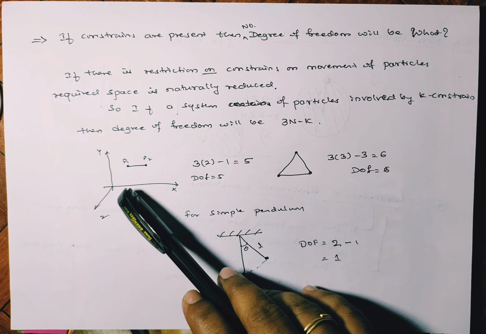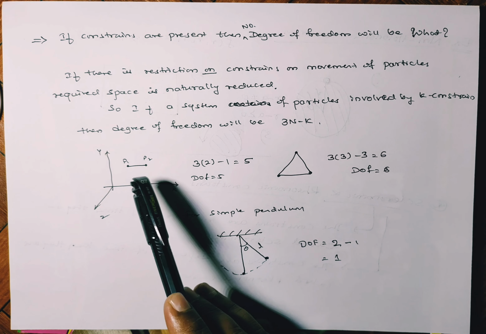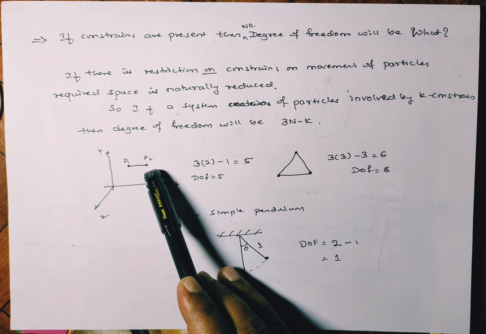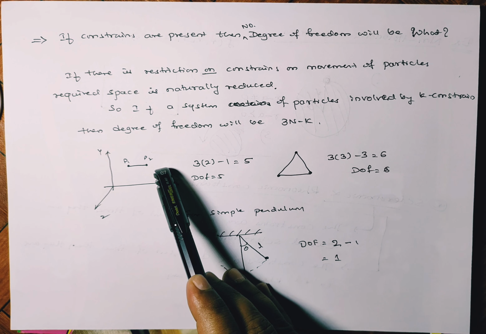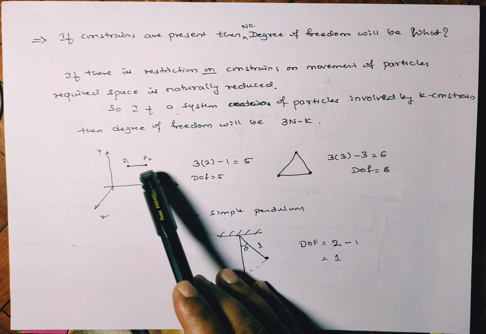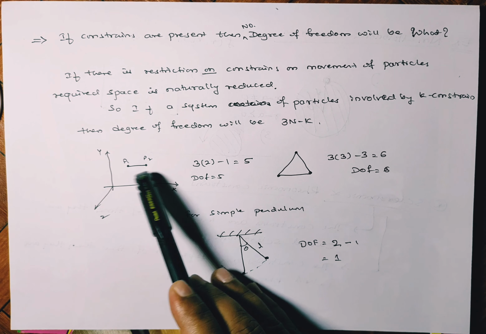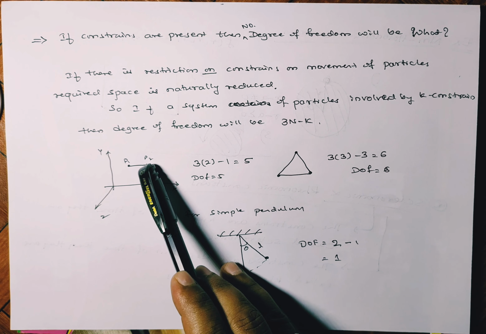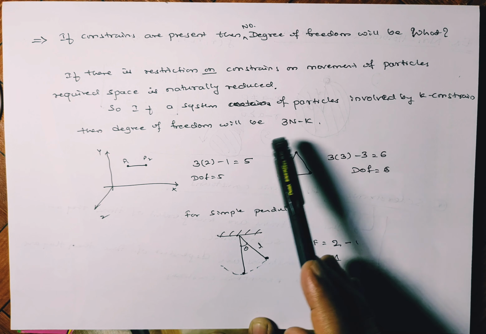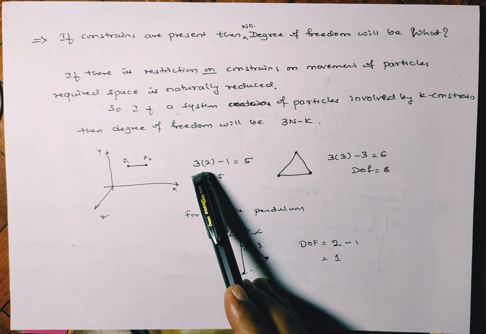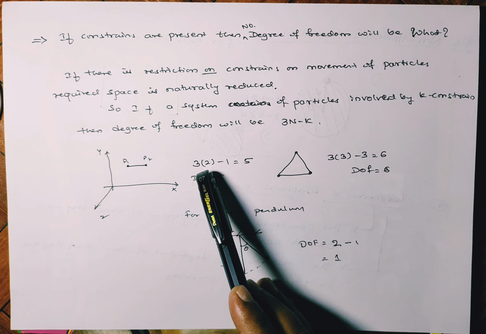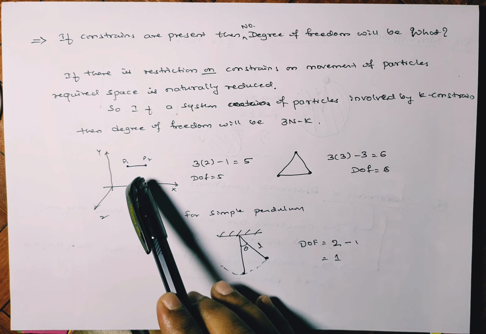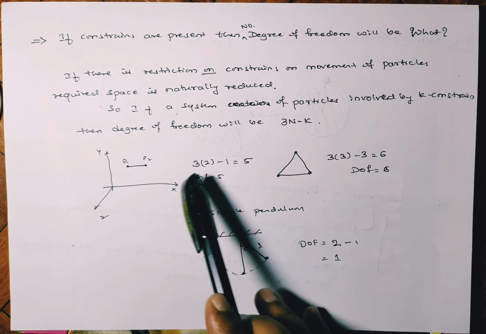Let us see one more example. Here there are two particles. These two particles are connected to each other. So the degrees of freedom for these two particles, which are connected to each other, means there is a constraint, right? We already know the formula: 3 into n, which is two particles, so 3 into 2 minus the constraint, which is 1 only.